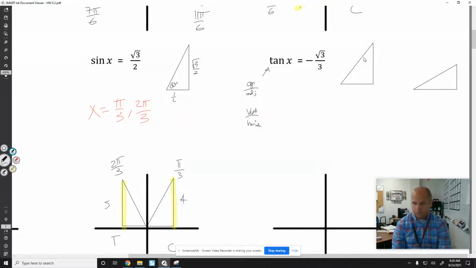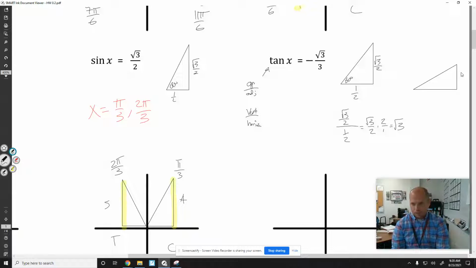Let's start with the tall, pi over 3, 60 degrees. If I do opposite over adjacent, that's root 3 over 2 times 2 over 1, which is root 3. That's not root 3 over 3. This is root 3 over 1. You don't rationalize this. The square root's in the top. That's not it. It's got to be this.